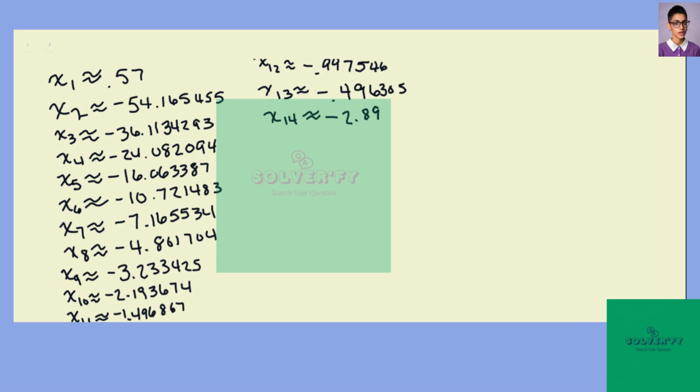Now it jumped to negative 2.894162. X sub 15, negative 1.967962.